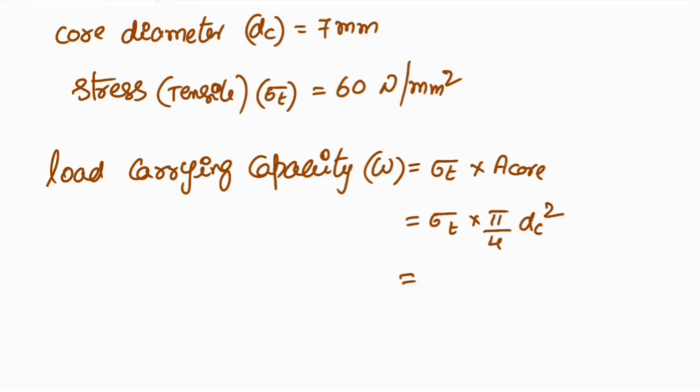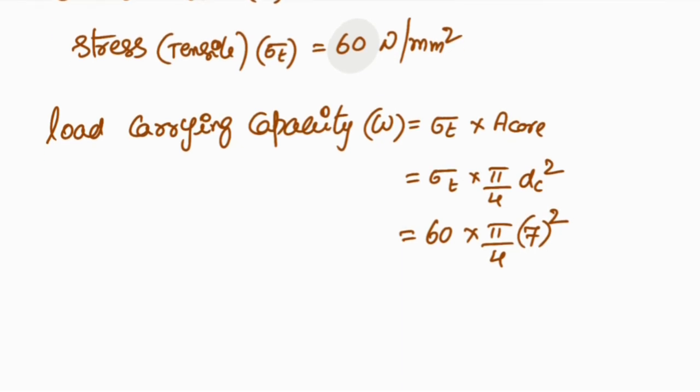So it is equal to tensile stress, how much? Look at the tensile stress 60 into pi by 4 into core diameter 7 whole square. You simplify this value for getting approximately 2310. I got with my calculator the answer is 2310 newtons.